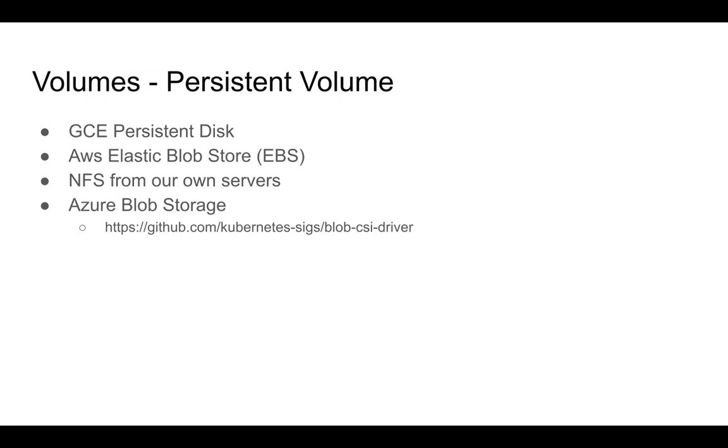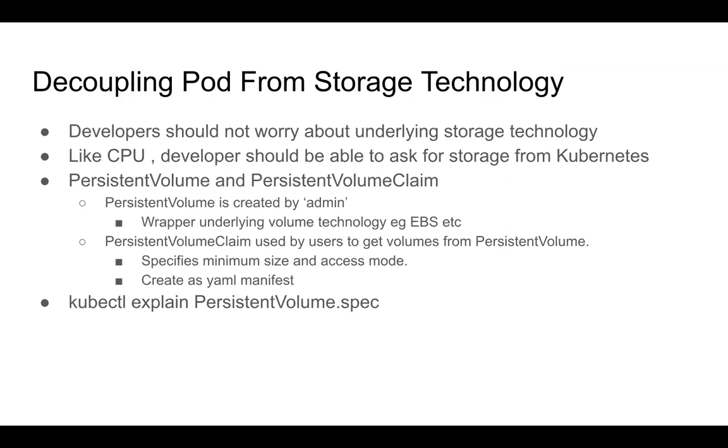Why do we need persistent volume? Whether you are on-premise and want to use NFS, or you are in a cloud and want to use a cloud volume system, whether it is EBS or things like this, as a Kubernetes user, I don't want to deal with that, because generally these volumes are created by some admins.